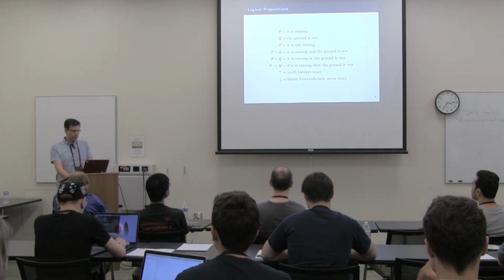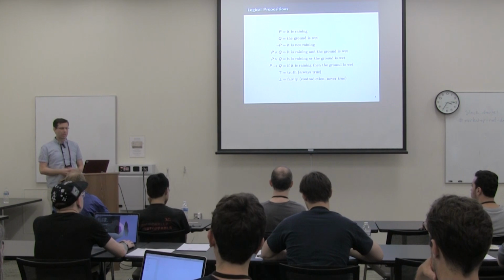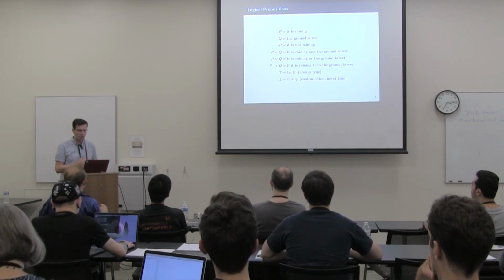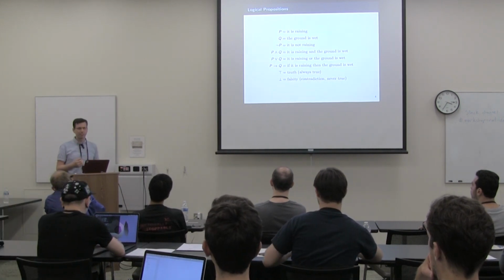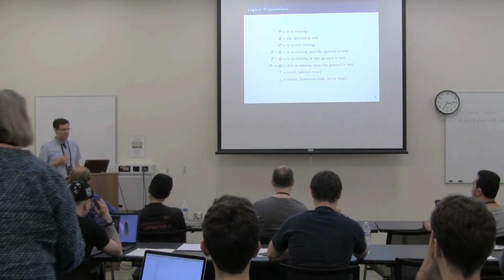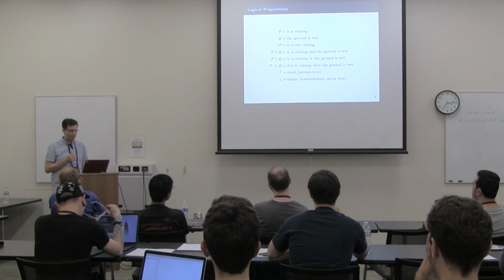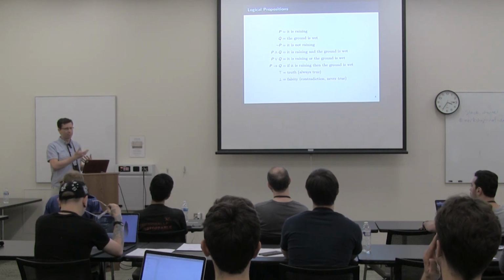So let's talk about what propositions are. An example of a proposition is, it is raining, or the ground is wet. We will use symbols to represent these propositions. We'll use letters. So let's say P stands for it is raining. Q stands for the ground is wet. Then we have logical operators that we can apply to these propositions.